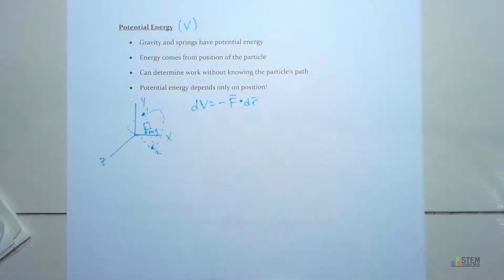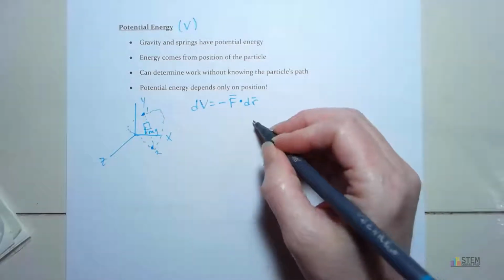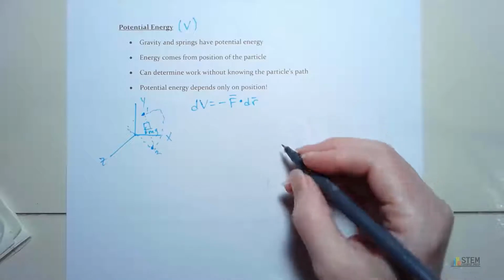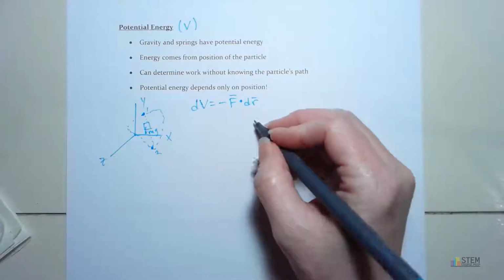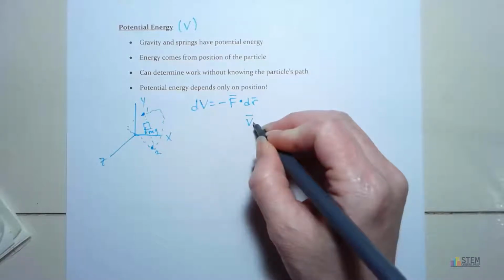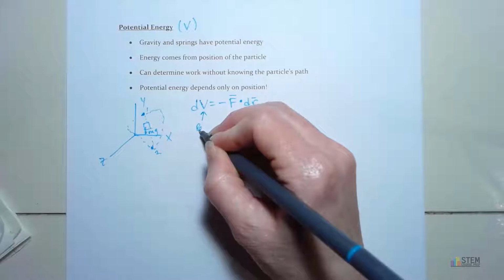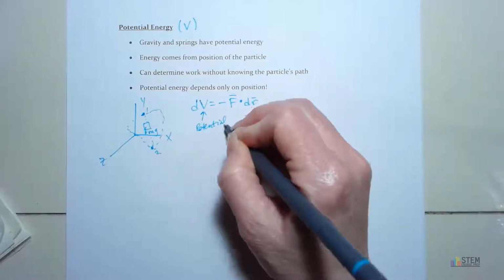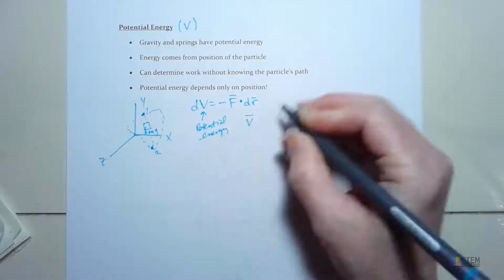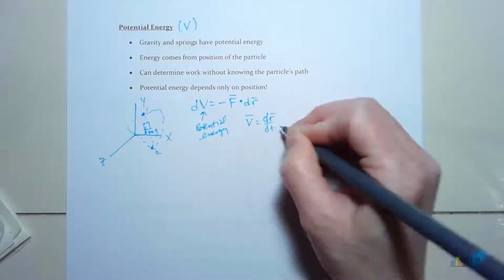Now I want to get an equation for this dr. Okay, r is going to be a position vector. Let's derive that by looking at the velocity vector. So this is now the velocity vector. This was potential energy. The velocity vector is going to be dr/dt.